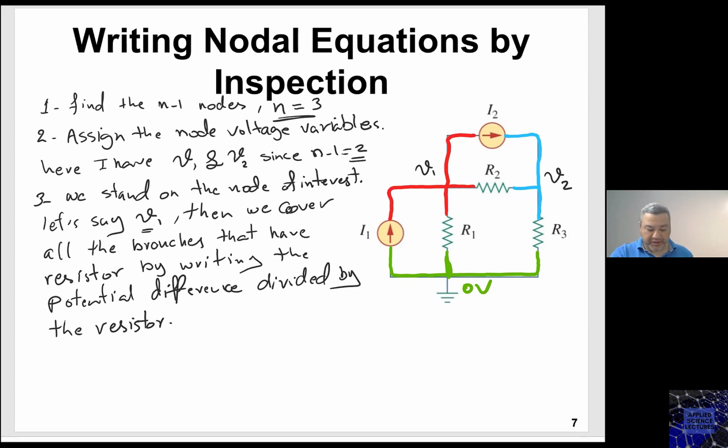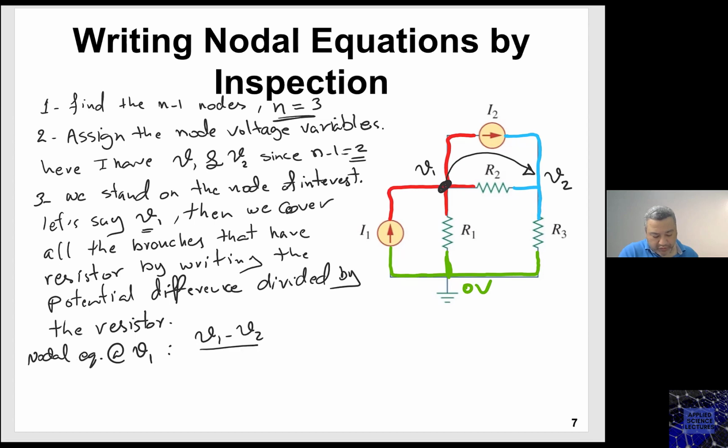So how do we do this? We are standing on V1. Then we go the following. So we write the nodal equation at V1. V1 minus V2 over R2.